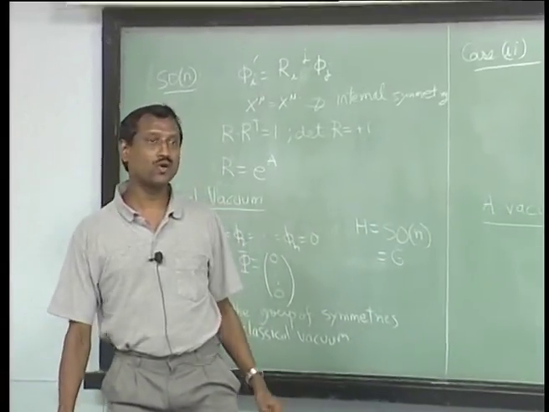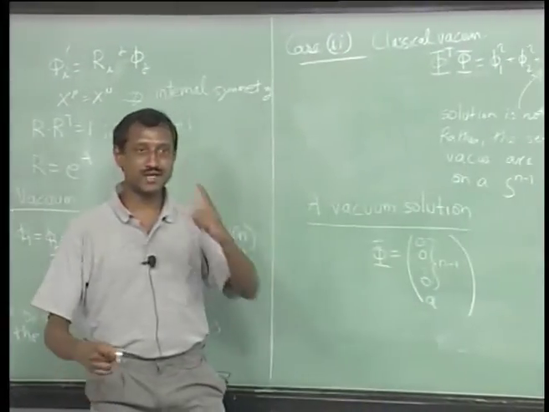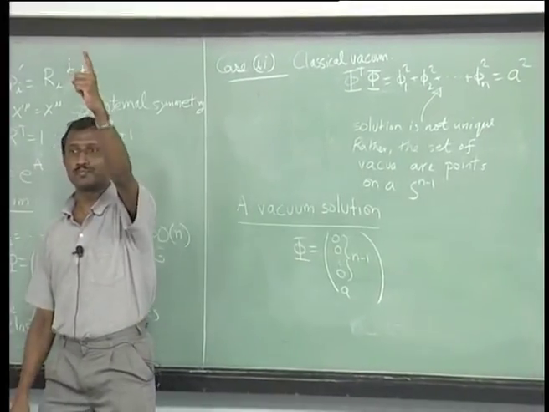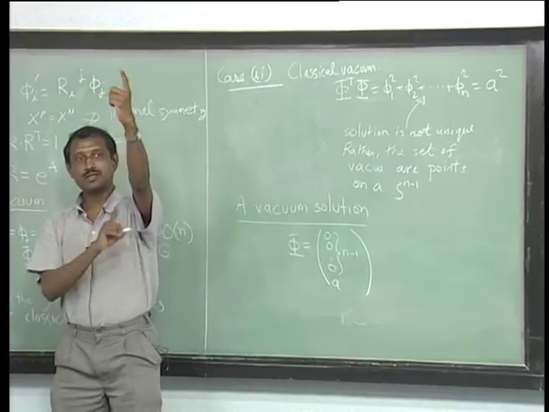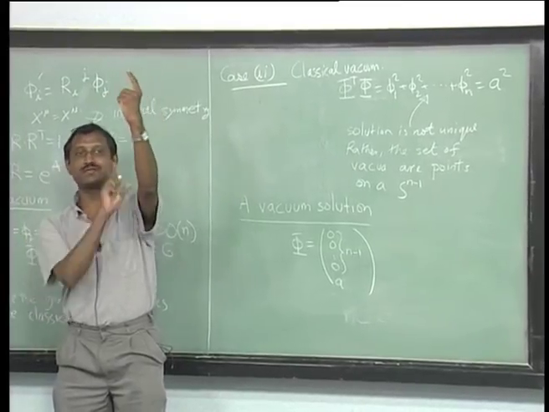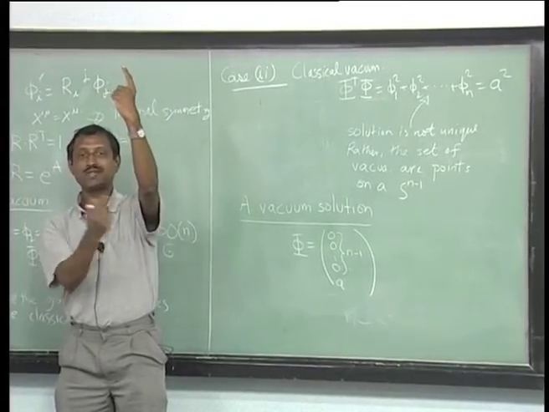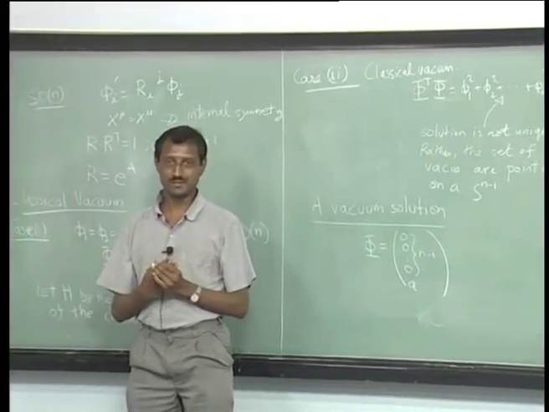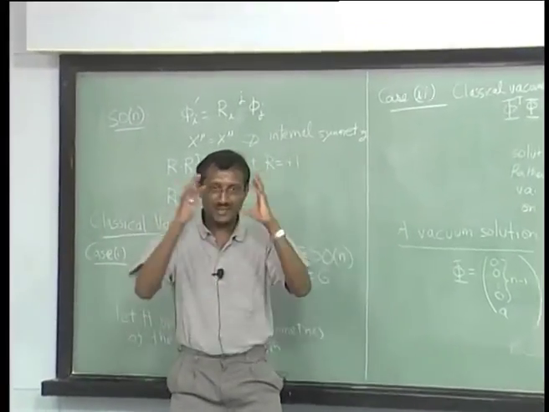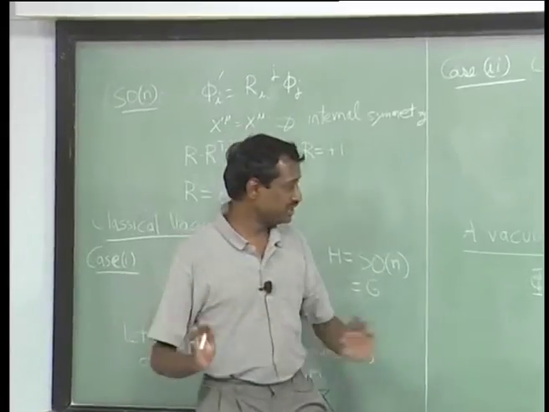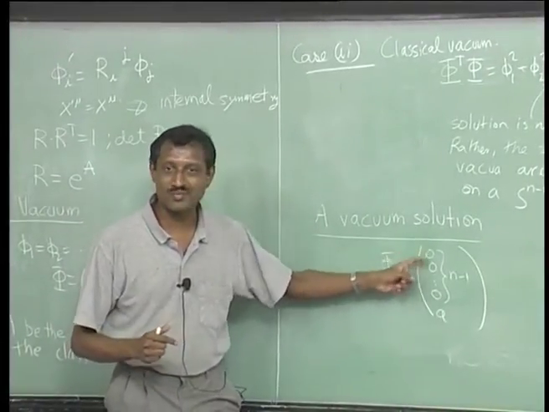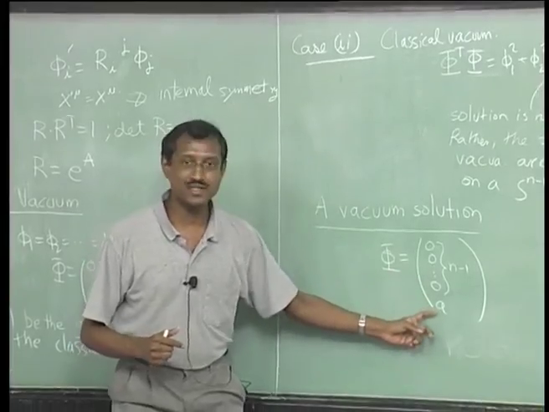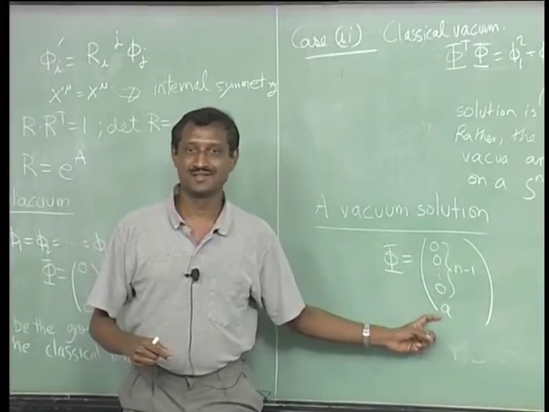It is SO(n minus 1). Let us take 3 dimensions. If you pick a direction, the subgroup of rotations which preserves it is rotations about that axis, but that is in 3 dimensions, and that picture is actually lousy in general. What you want to do is look at rotations which mix all the n minus 1 components and leave this one untouched.